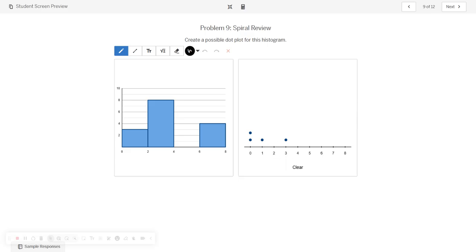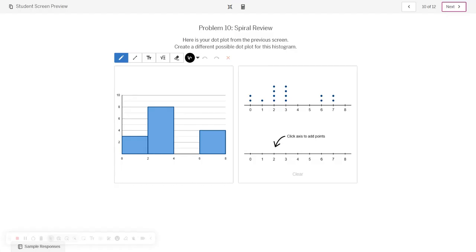So 2, 3, 4, 5, 6, 7, 8. 6 to 8, like 1, 2, 3, 4. Okay. Yeah, that should do it. There's lots of different ways.